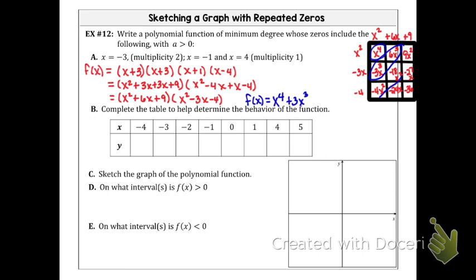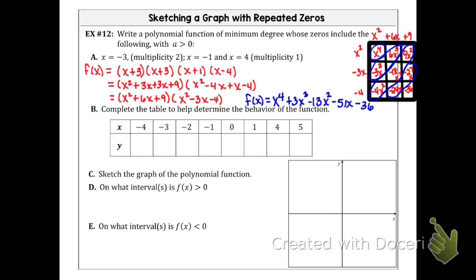Negative 4x squared minus 18x squared plus 9x squared is negative 13x squared. Negative 24x minus 27x is negative 51x. And then I have that minus 36 at the end. All right, so there's my polynomial function.